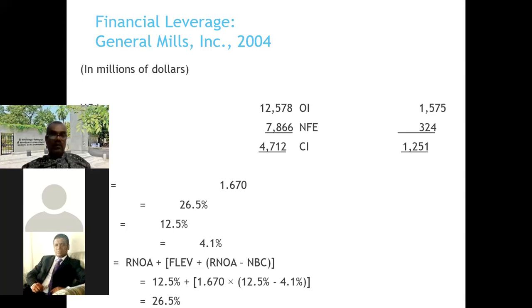Yeah, net financial obligation is the borrowing, because now we deal with reformatted financial statements. So therefore equity is there, debt is there. This is the level of borrowing in terms of financial leverage, 1.67. If you want, you can calculate the equity multiplier.